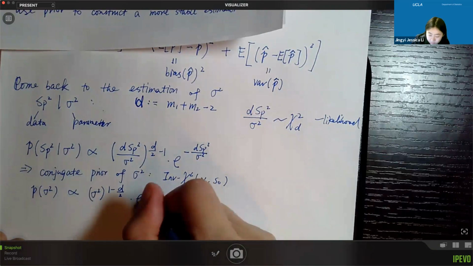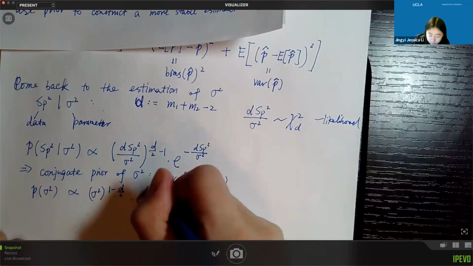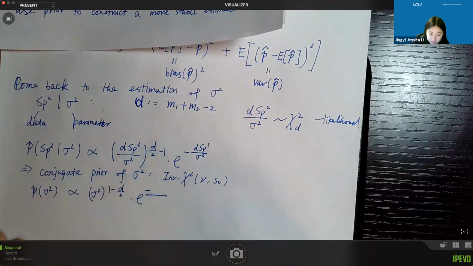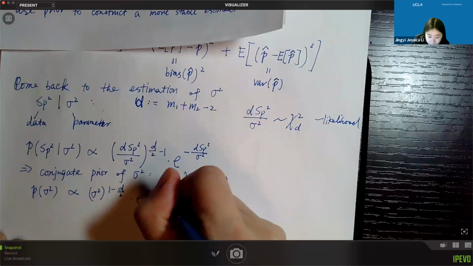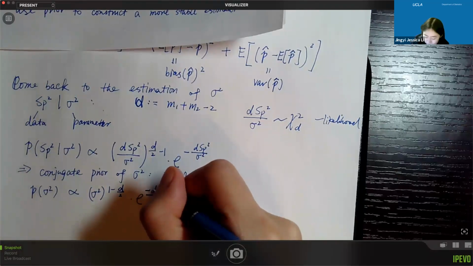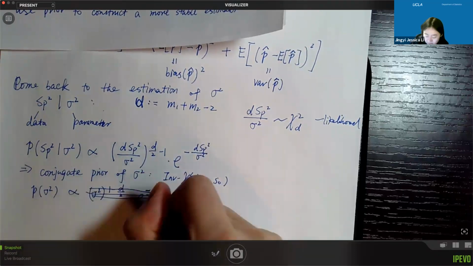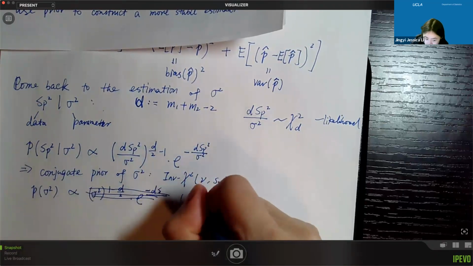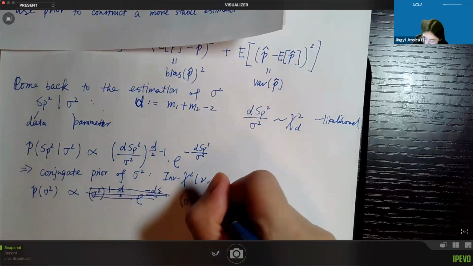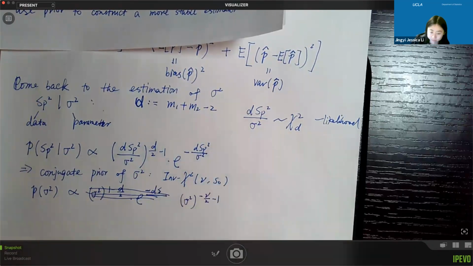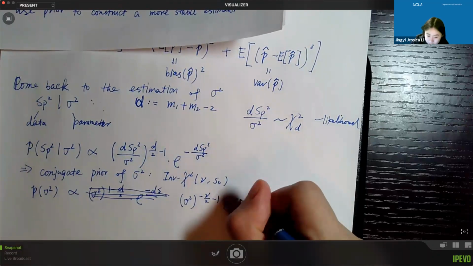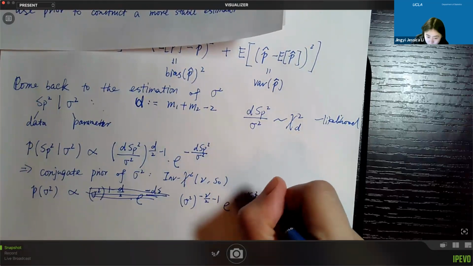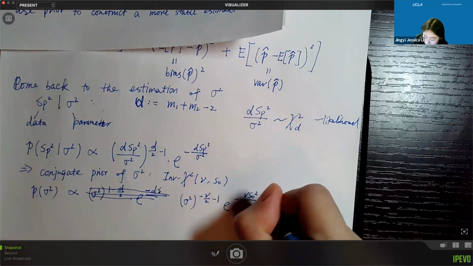Sorry, my bad. This is right. The prior is sigma squared to the power negative nu over 2 minus 1, right? And the second is exponential to the power negative nu S0 squared divided by 2 sigma squared.